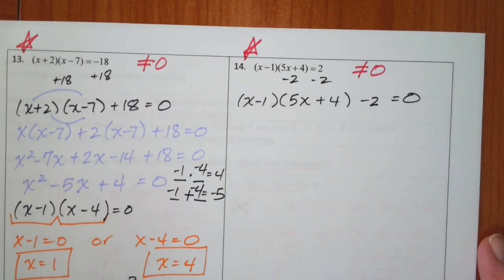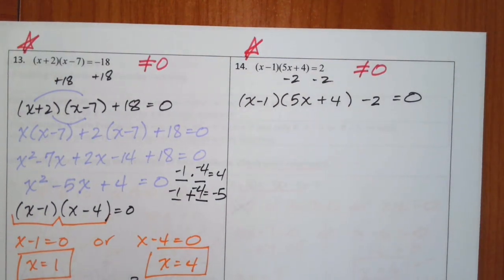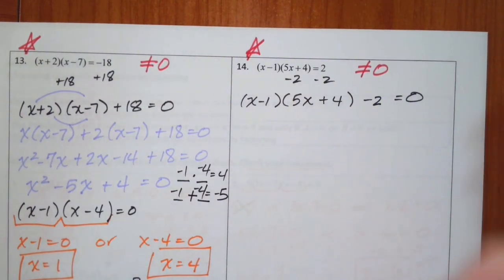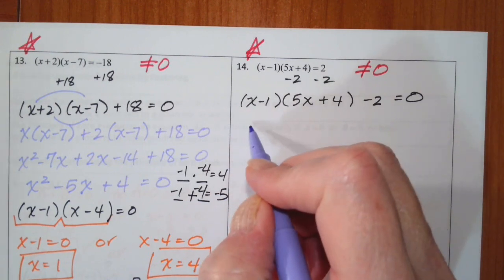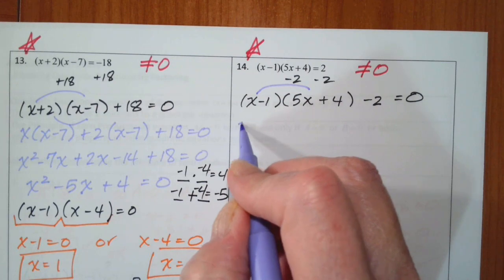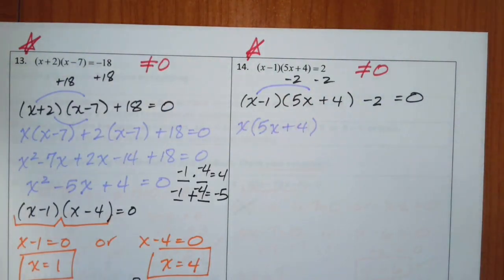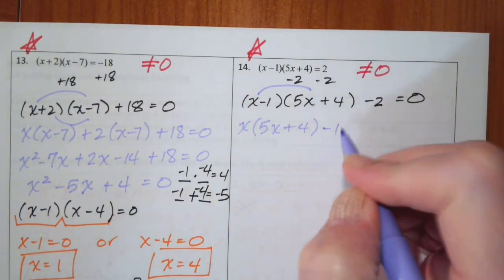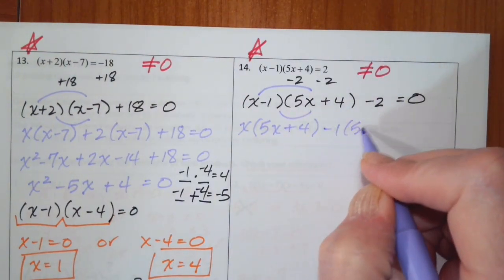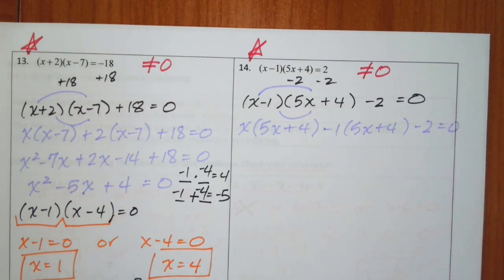Alright, so here I'm going to do exactly what I did. I've got to turn this into a factor times a factor. This just throws me way off. So, if I multiply this, that gives me x times 5x plus 4 minus 1 times 5x plus 4 minus 2 equals 0.